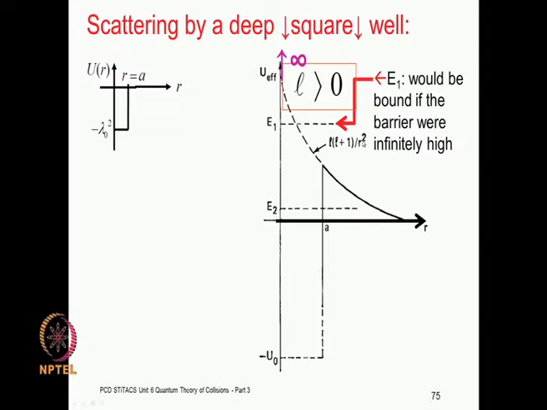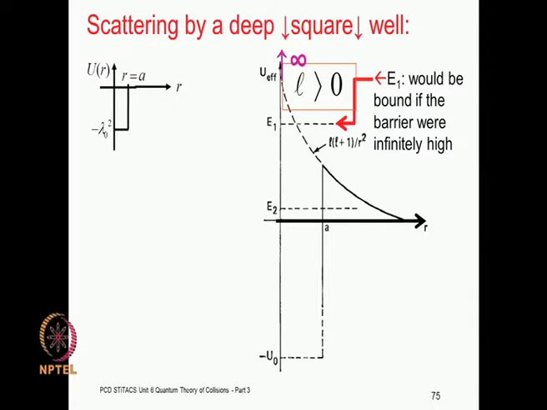As R goes to infinity, it will of course go to 0. If you set up the radial Schrodinger equation for the spherical square well potential, then you will have a potential which goes like this square, but then because of the centrifugal term you will have a barrier here. Okay? So, this is the effective potential, as you will see.